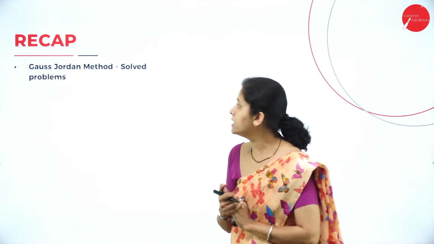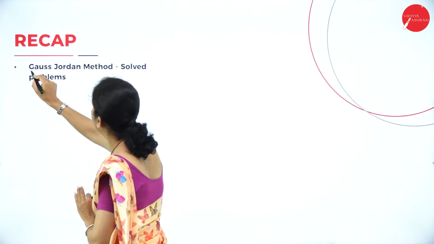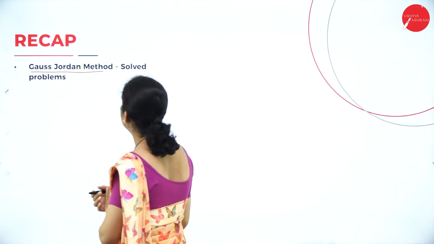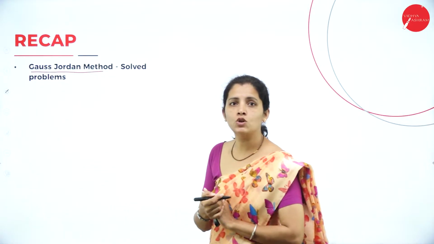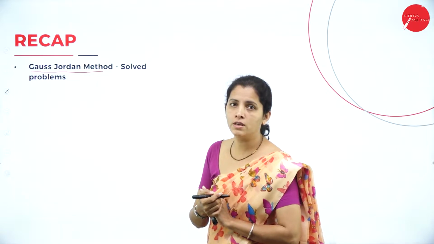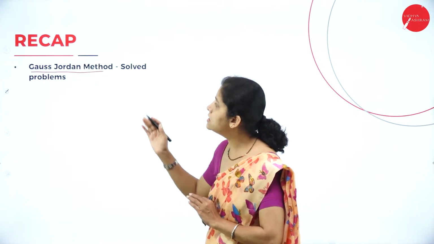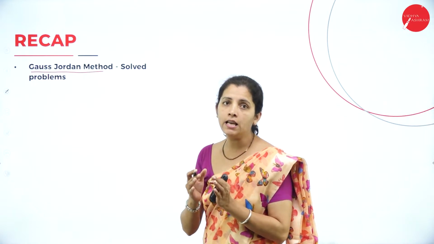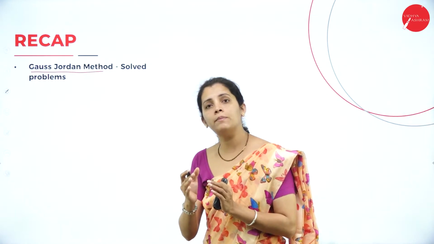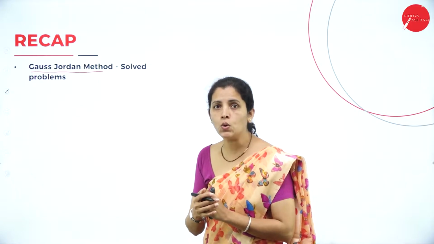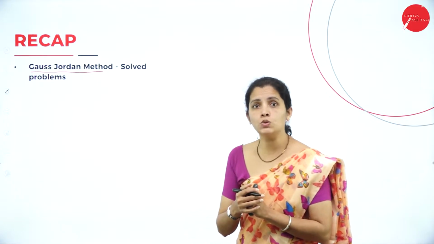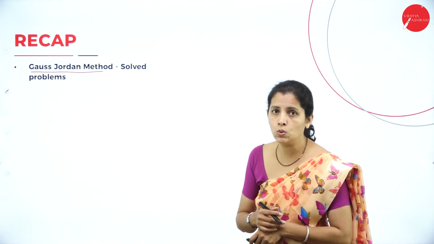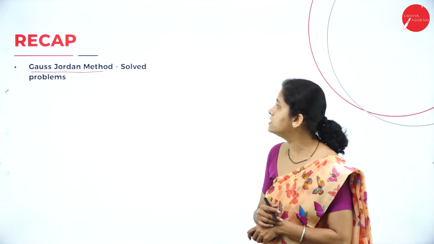In my previous session, I started with the Gauss-Jordan method and solved some example problems. In the Gauss-Jordan method, except for the diagonal elements, I want to make the remaining elements 0 in order to get the solution for the 3 unknowns, that is x, y and z.